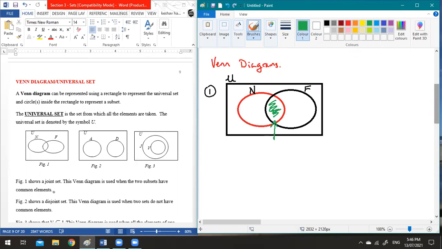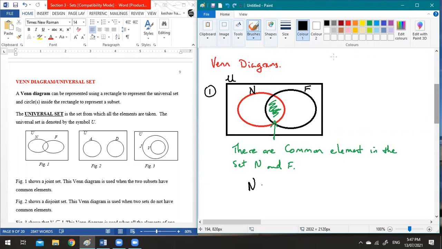So the Venn diagram in figure 1 is used when two subsets have common elements, right? So, common elements in the sets N and F. And from the first video, we know that when we have common elements, we use a symbol.